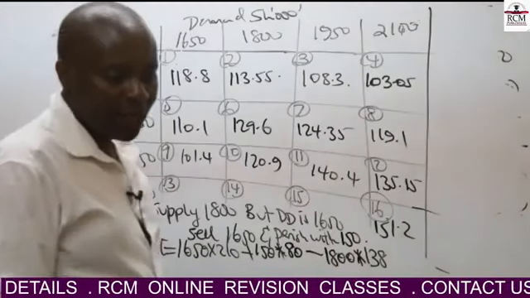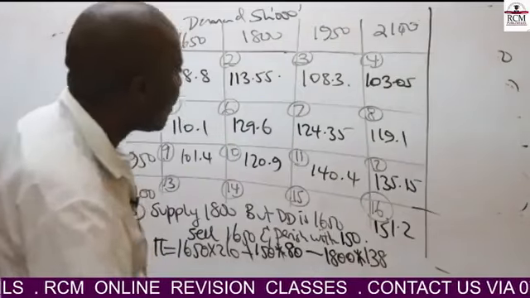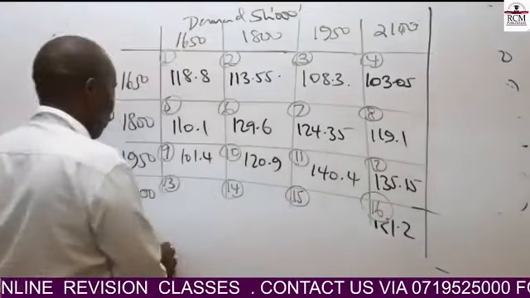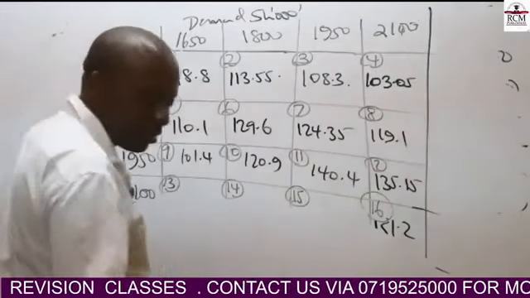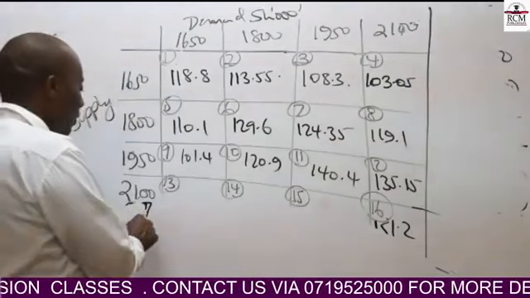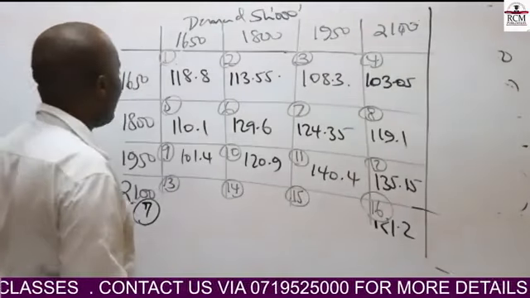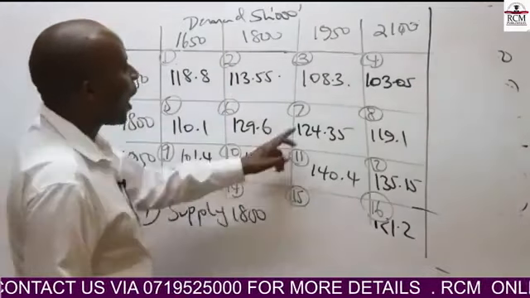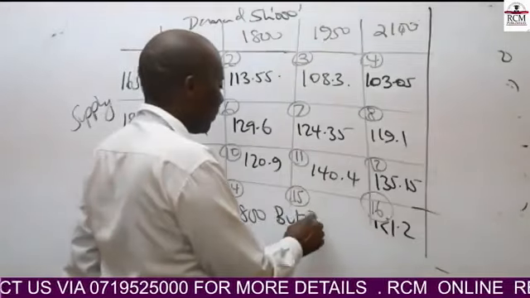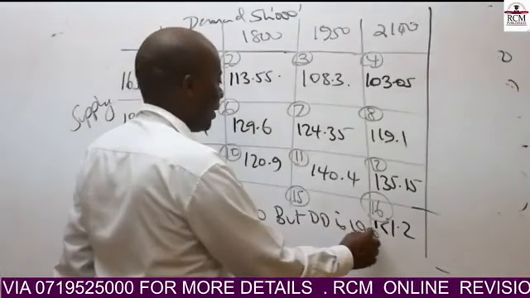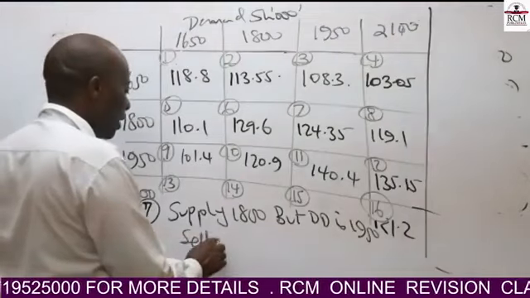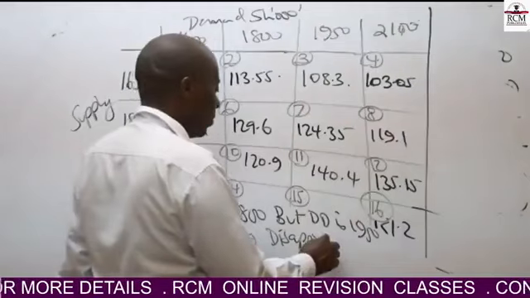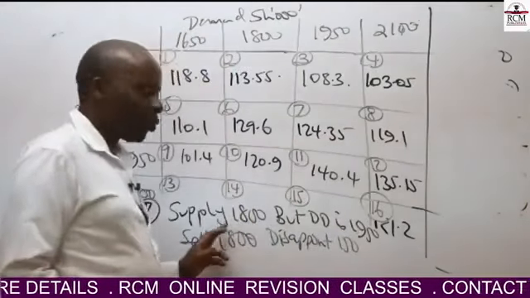So in this case here, Omar wants us to do cell number 7. For cell number 7, ladies and gentlemen, I can see the supply is 1800, but demand is 1950. So in this case here, I'm going to sell the lower, 1800. Here it's about disappointments. Disappoint 150, the difference between the two.